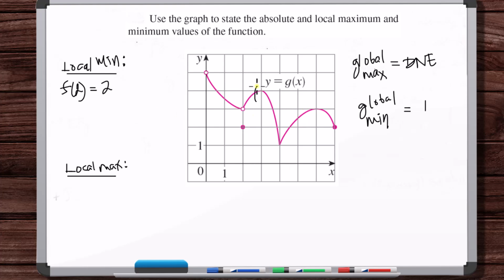Okay, here is a local max. f of 3 is equal to 4. Okay, here is a local min. It's also the global min. So f of 4 is equal to 1. All right, and here is a local max. f of 6 is equal to 3.